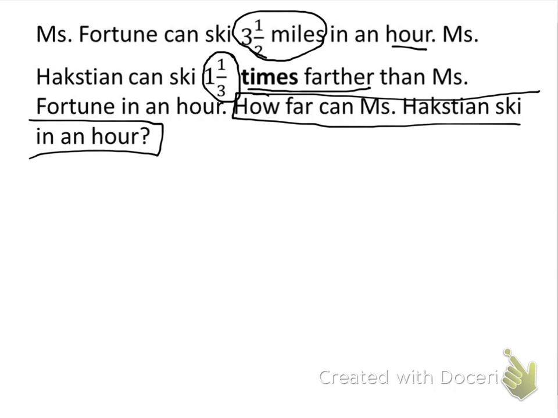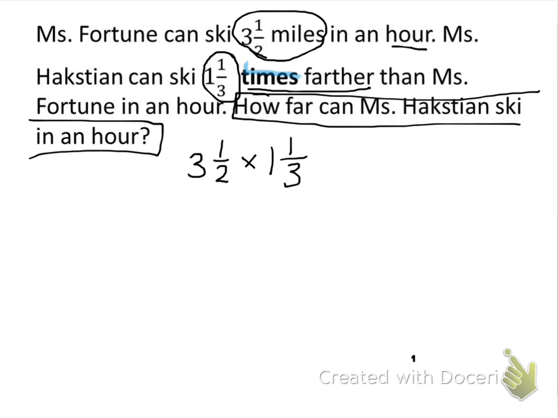Okay, now I need to think, what am I going to do in this problem? Well, the key word is this times. Times tells us what operation we're going to do. We are going to multiply. So I have 3.5, how far I can ski in an hour, times 1 1/3, because Miss Haskins can ski that much farther than me.